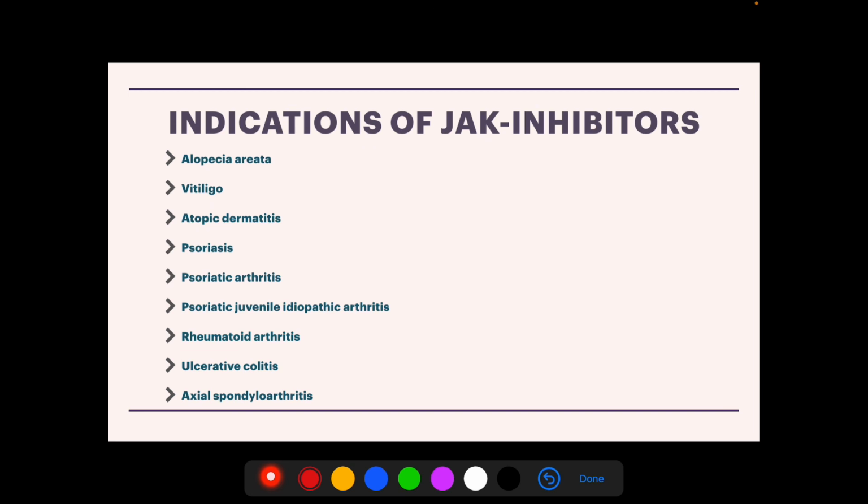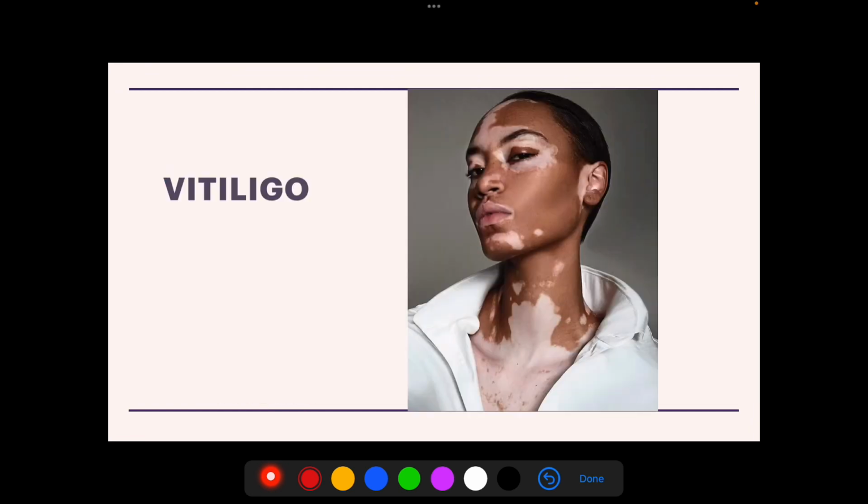Now, what are the indications of JAK inhibitors? It is used in alopecia areata, vitiligo, atopic dermatitis, psoriasis and psoriatic arthritis, juvenile idiopathic arthritis, rheumatoid arthritis, ulcerative colitis, and axial spondyloarthritis.